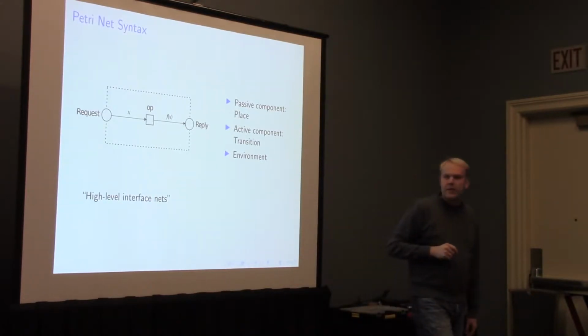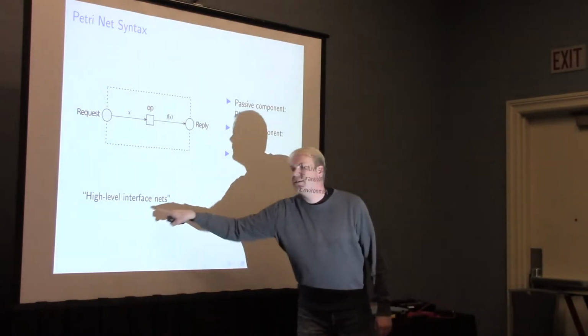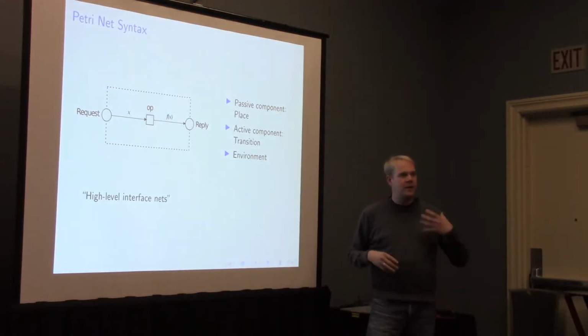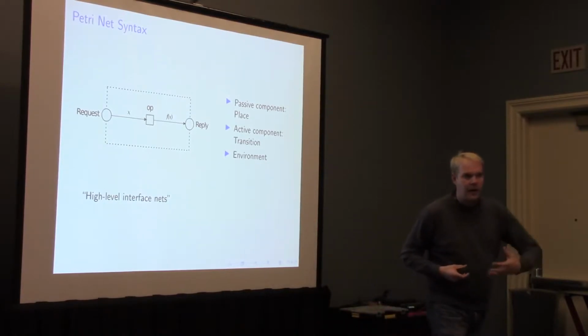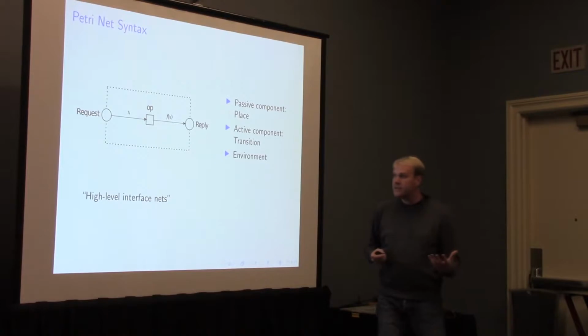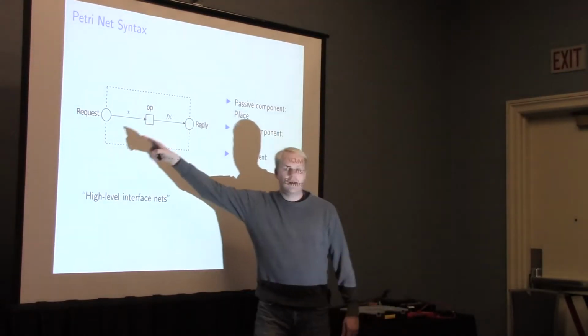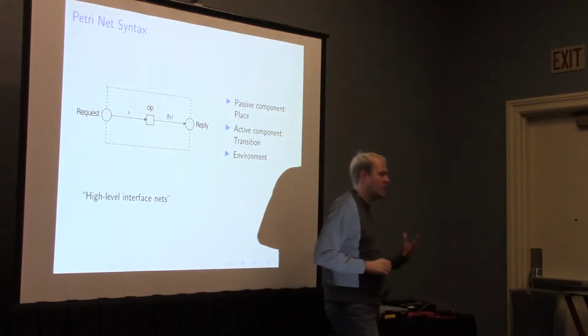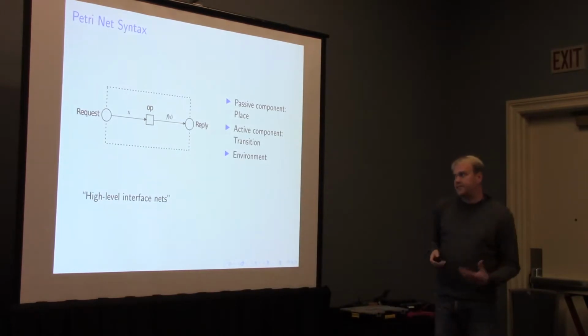These kinds of Petri nets we call high-level interface nets. High-level because they process arbitrary data and with arbitrary operations, and interface nets because they have an interface and there's a boundary to the outside.